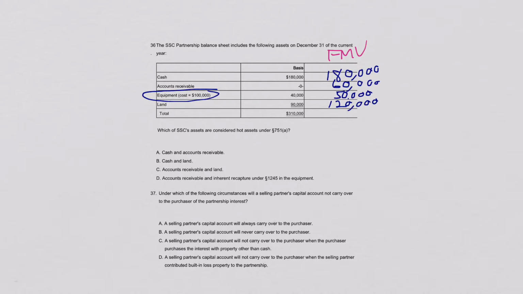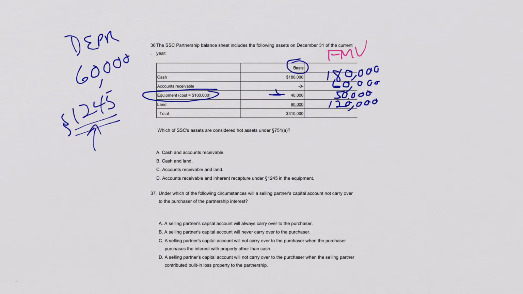If the net book value basis is now 40, that means we've depreciated it by 60,000. Depreciation on equipment is section 1245, which is a hot asset because it has to be picked up as ordinary income. Why? That's what you learned back in the first BMGT 323 class, where you were supposed to.